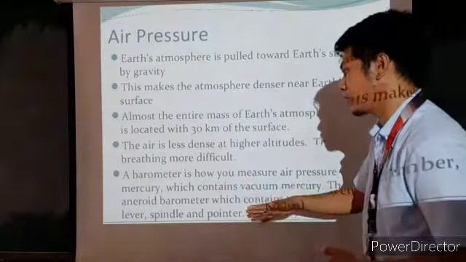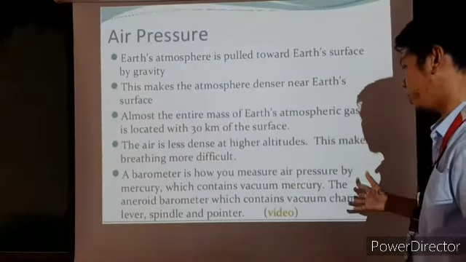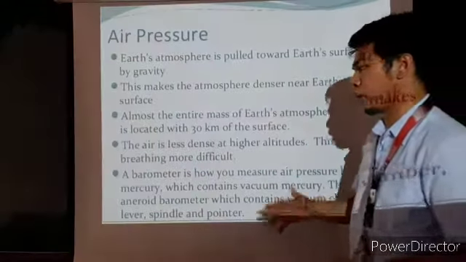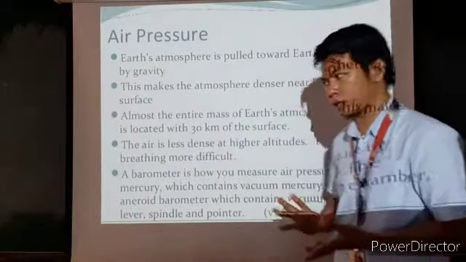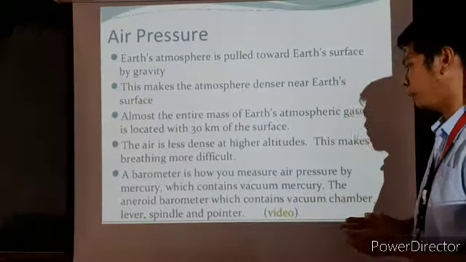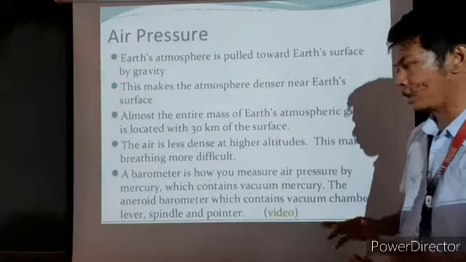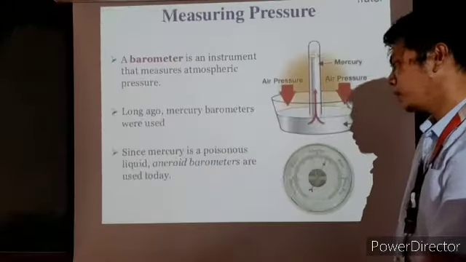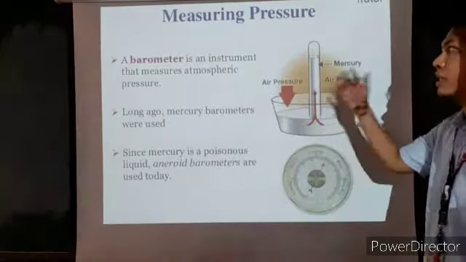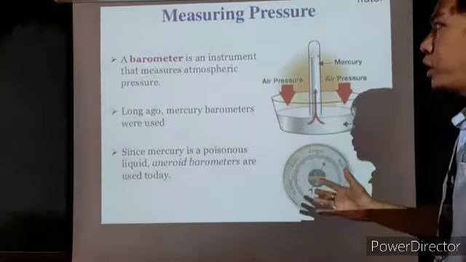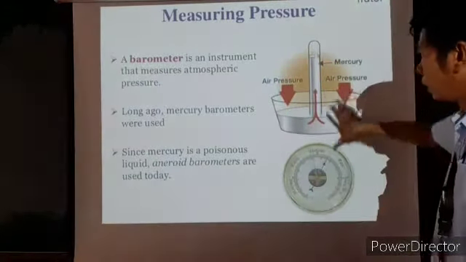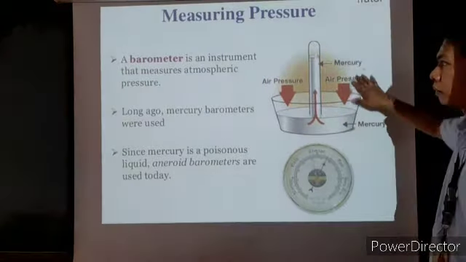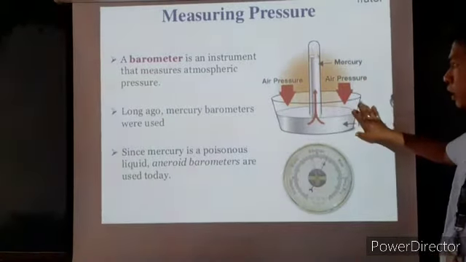the barometer is how you measure air pressure by mercury. So barometer is a device or measurement used to measure the pressure by mercury. Okay? So barometer is an instrument that measures atmospheric pressure. So this one is the barometer na mercury.